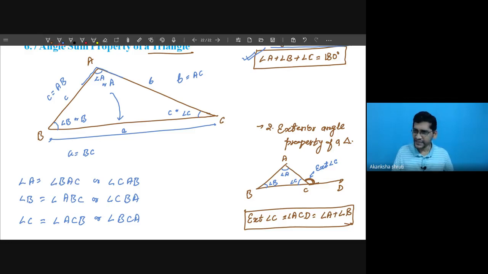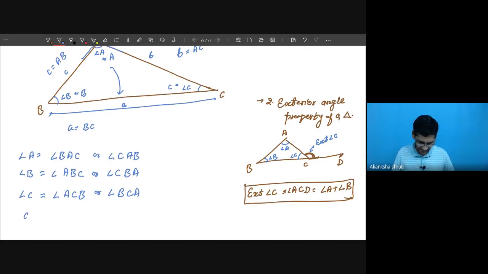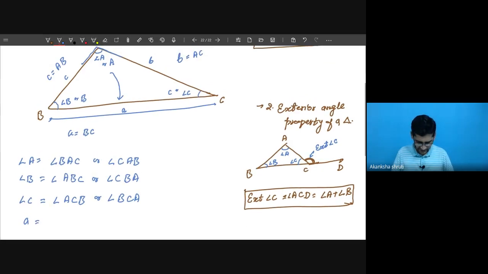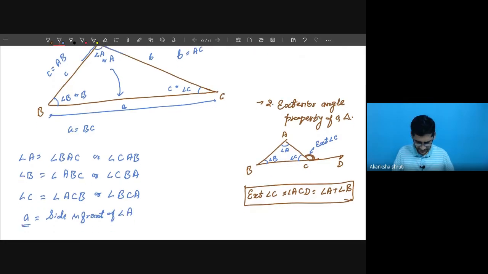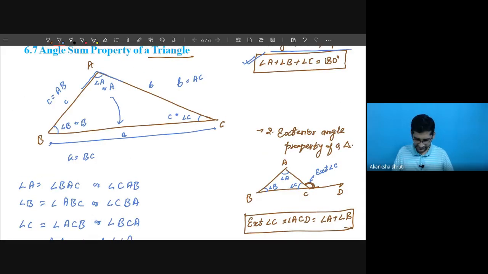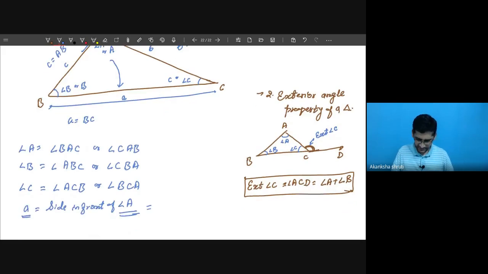So BC is denoted by a small a. So a small a denotes the side length in front of angle A.